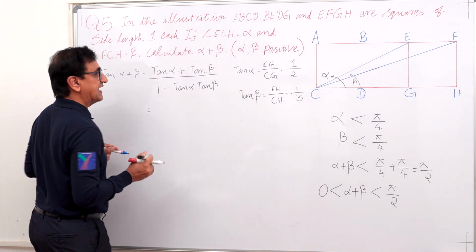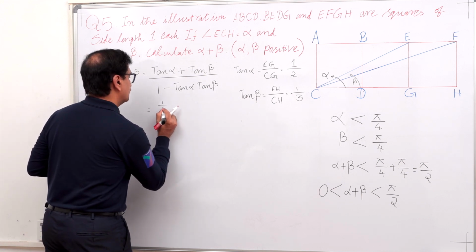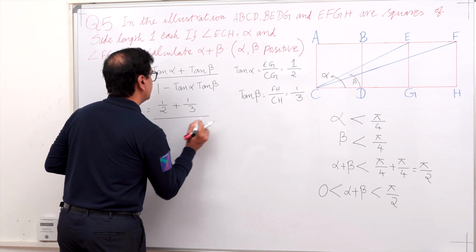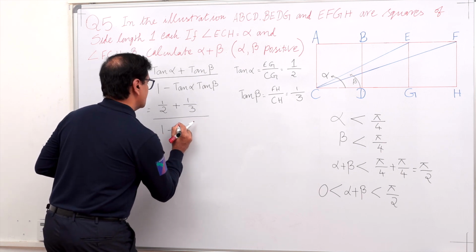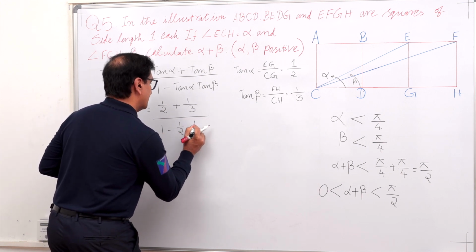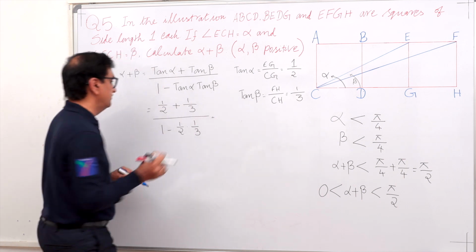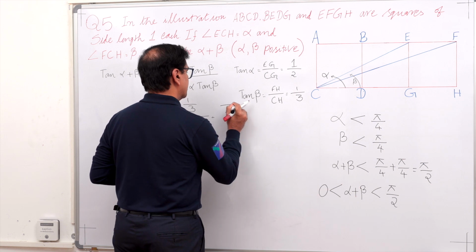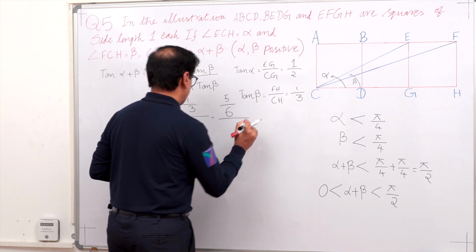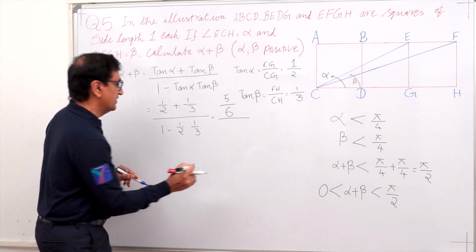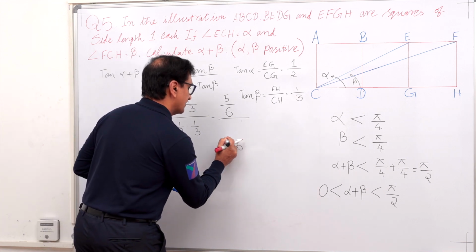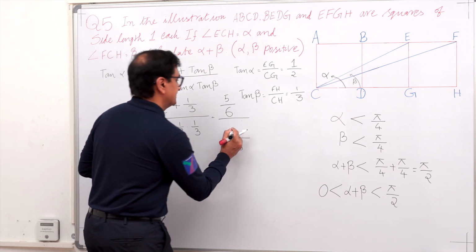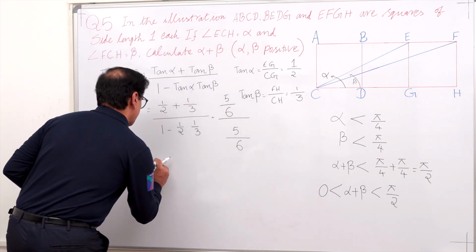Tan of alpha plus beta is 1 by 2 plus 1 over 3, whole thing divided by 1 minus 1 over 2 multiplied by 1 over 3. Taking 6 as common denominator, the numerator gives 5 by 6, and the denominator is 6 minus 1, 5 by 6, which equals 1.